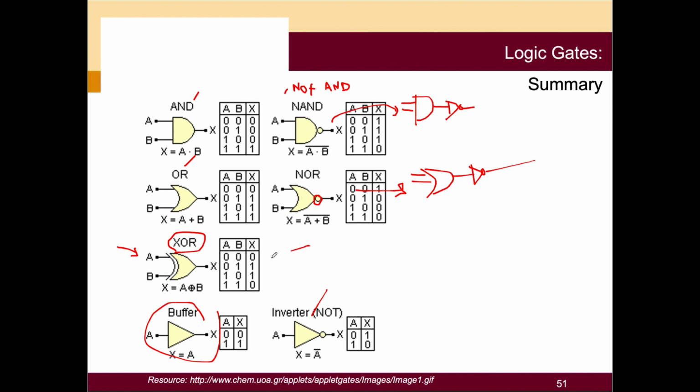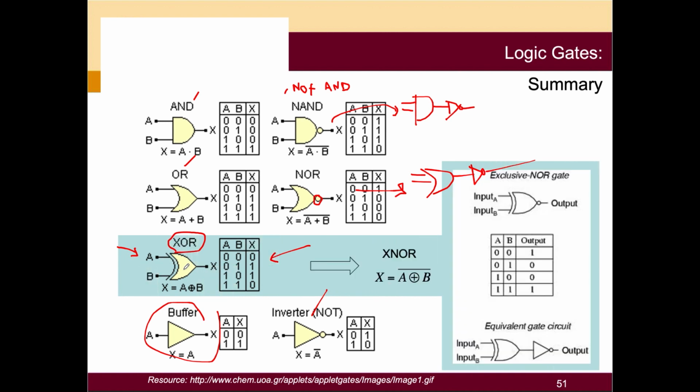So I will touch on it and focus on it in a different video, and I will focus only on the exclusive OR and exclusive NOR. Here is how it is summarized: you have these operations, and then you have the exclusive NOR gate.